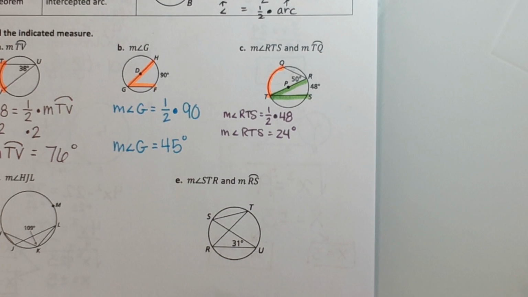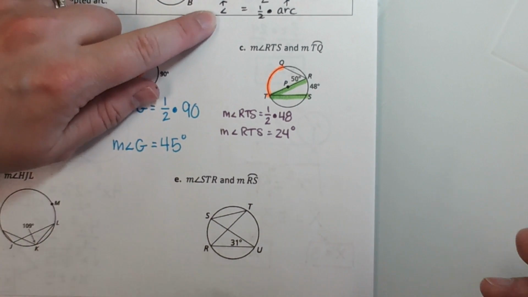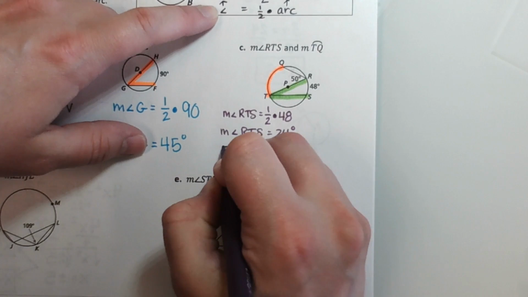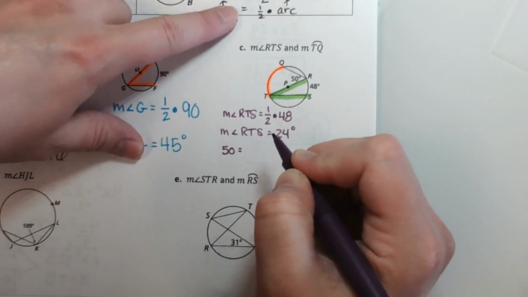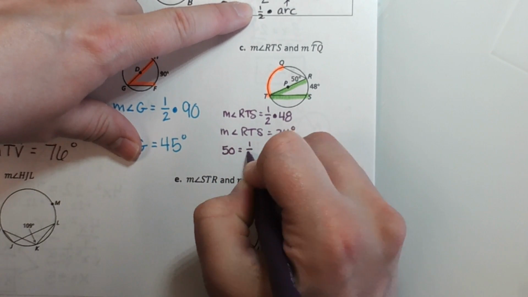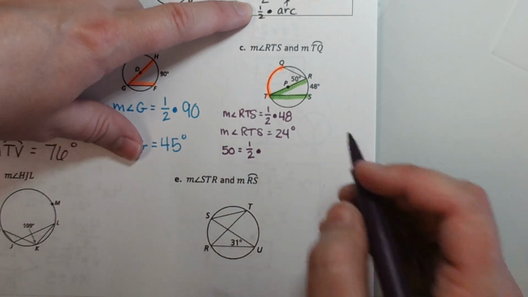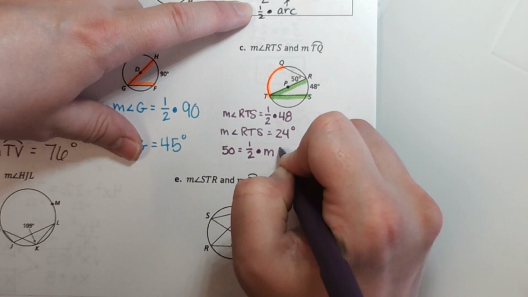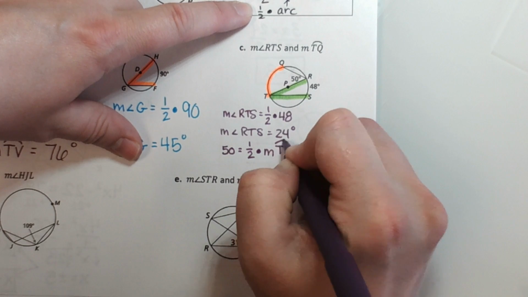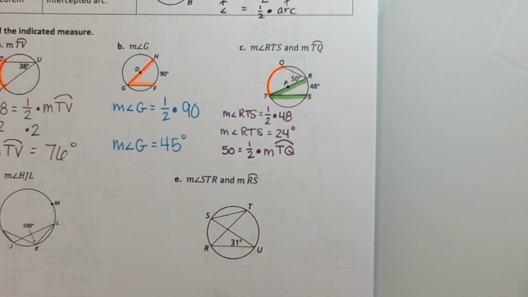Do I know the angle that goes with that arc? Yes. The angle is 50. So in the equation, angle equals 1/2 times arc. If we don't know the arc, we can put an X or we can put the actual notation. I don't care which way you do it. Just change it back to actual notation if you do use X.